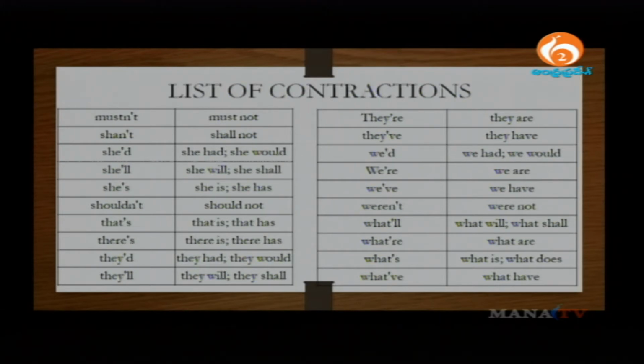So here are a few more contractions. Mustn't, must not. Shan't, shall not. She'd, she had, she would. She'll, she will, she shall. She's, she is, she has. Shouldn't, should not.